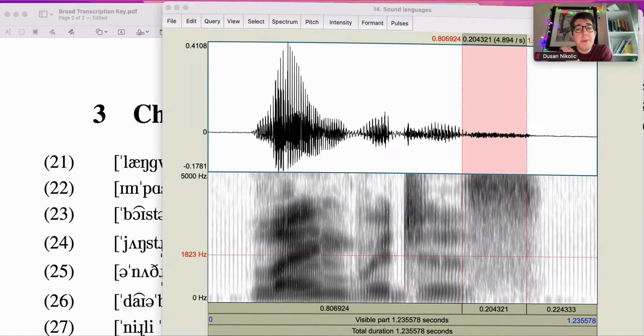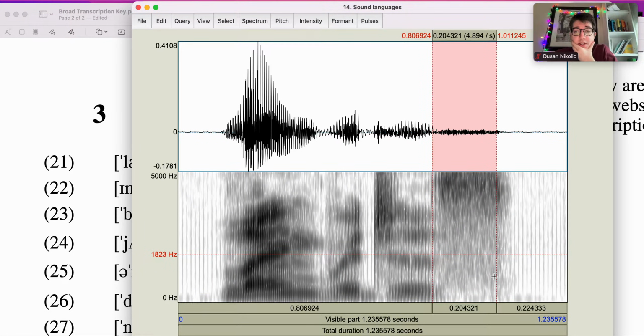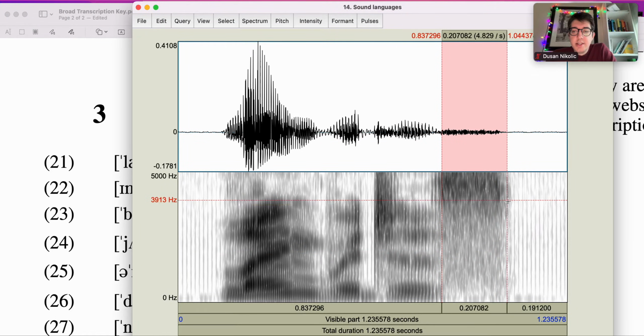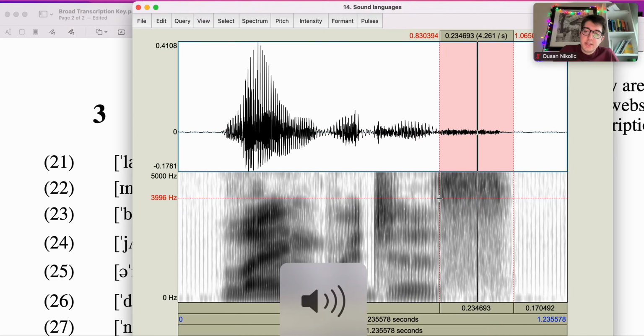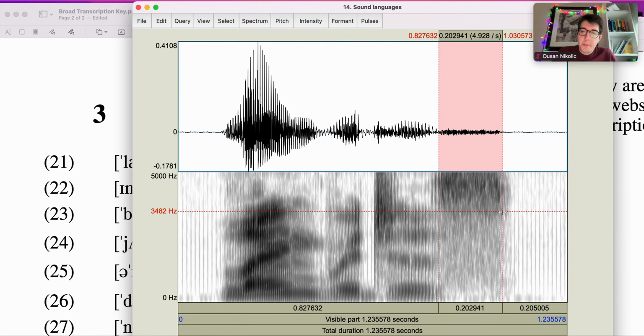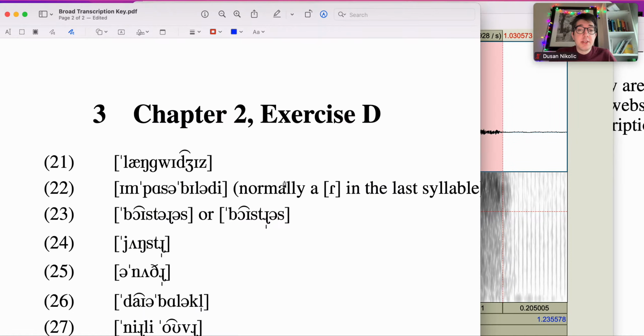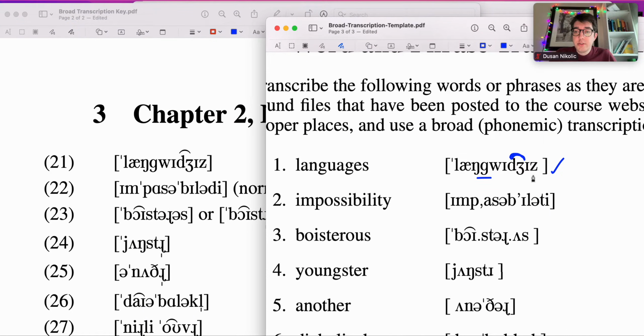What you can think about in narrow transcription exercise, and this is now a more advanced version of transcription, is maybe this one. This is obviously voiceless. And you can put maybe the voiceless diacritic there, right? This little circle.